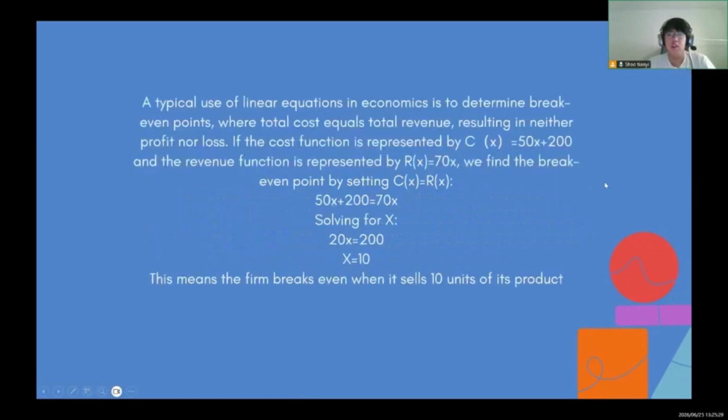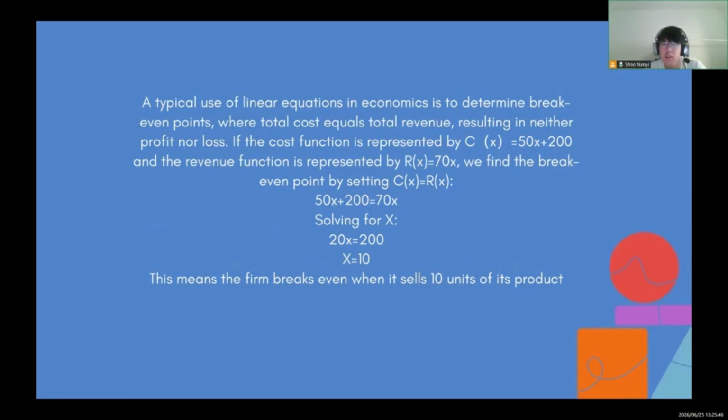A simple use of linear equations in economics is to determine the break-even point, where total cost equals total revenue, resulting in neither profit nor loss.